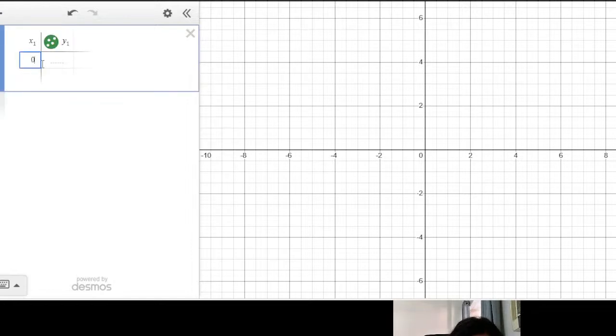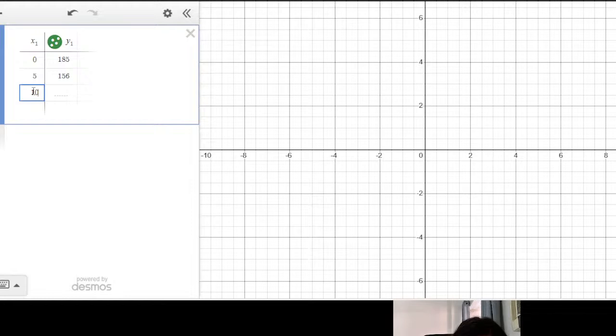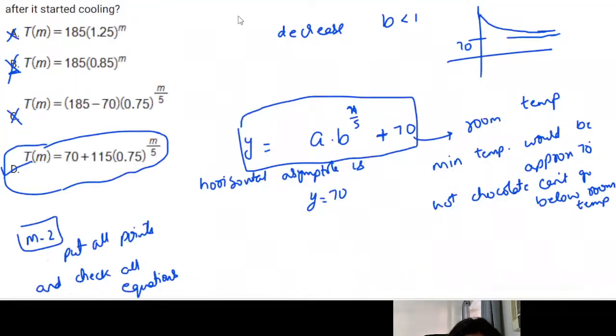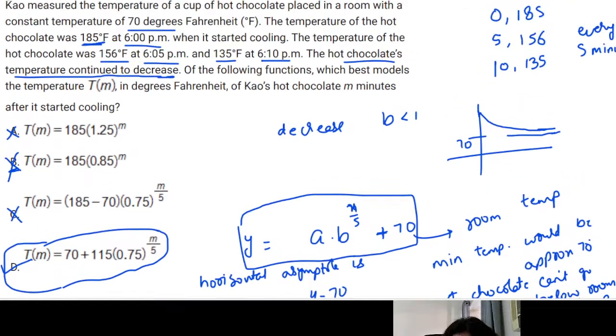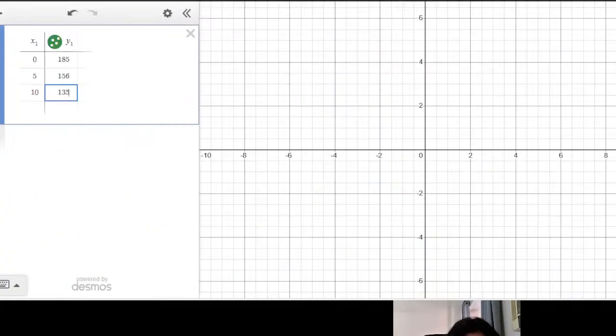So you have your points, you write it over here. Not at 1, at 5. And after 10 minutes it is 135.